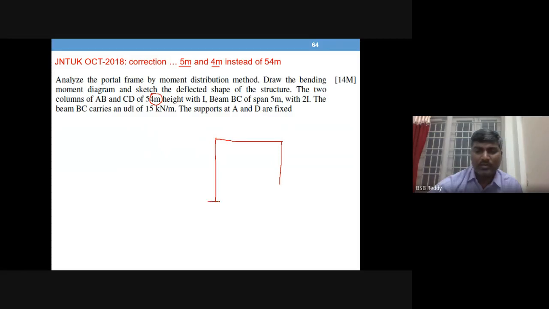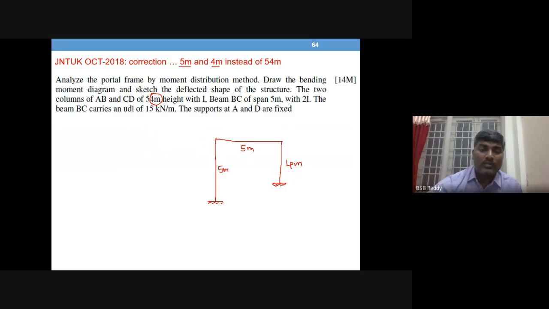So take this problem as an assignment question. This is 5 meters, 4 meters. So correct the problem with this 5 meters again, BC.